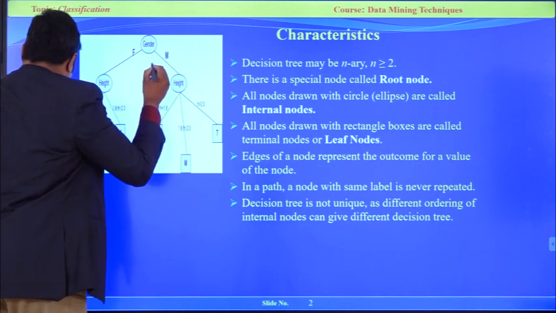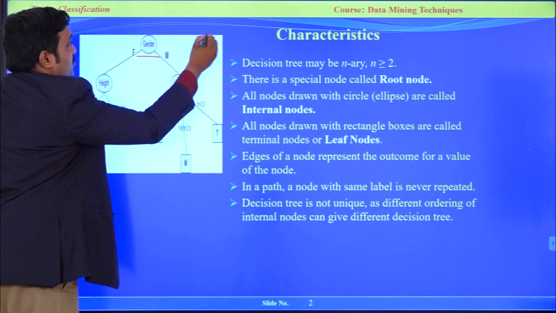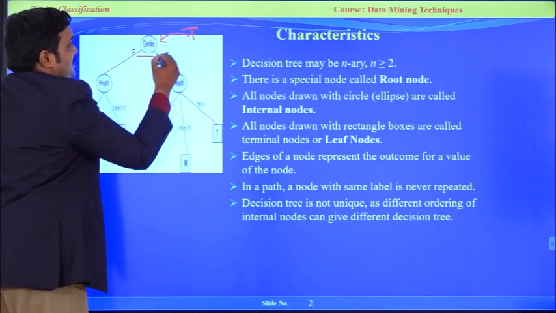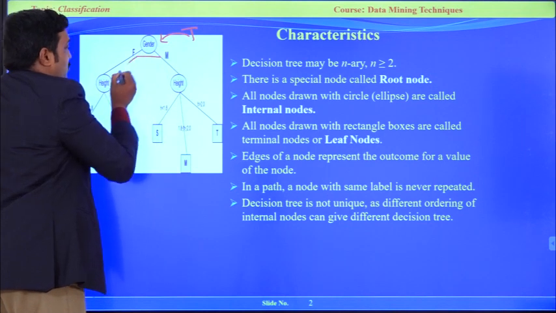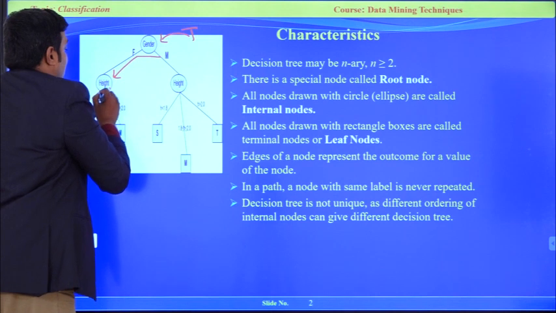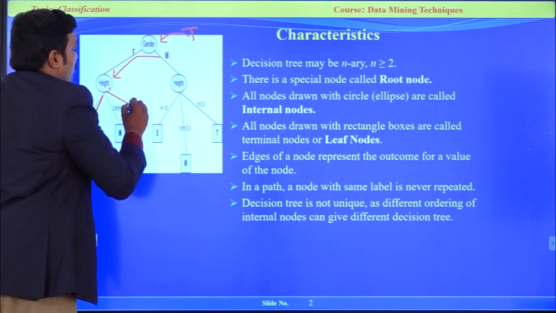gender is my root node. Whenever a new record, a tuple, enters, I am checking whether it is male or female. If it is female, I go like this. Again, I check the height. Height less than 1.8, I go left. Greater than 1.8, I go right.